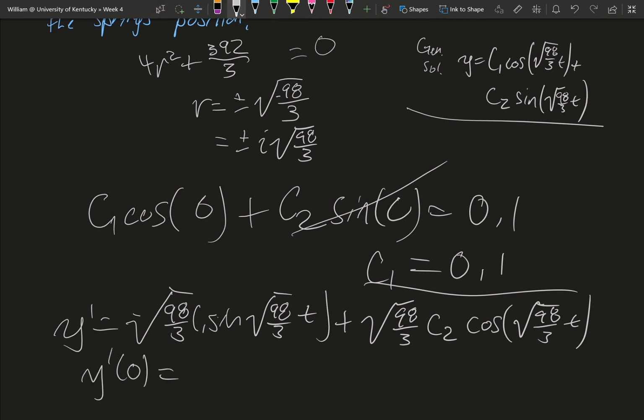If I plug in 0, right, sine of 0 is 0, so that's going to vanish. And cosine of 0 is 1, so we're going to be left with the square root of 98 thirds times C2 equals 0.